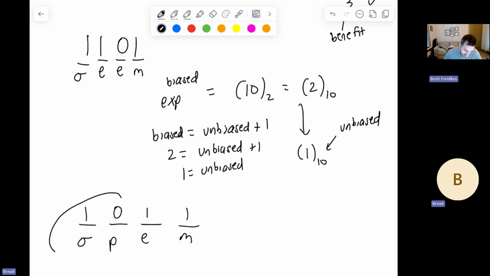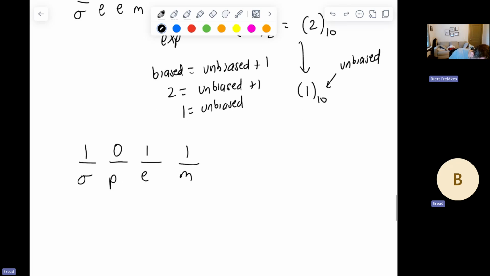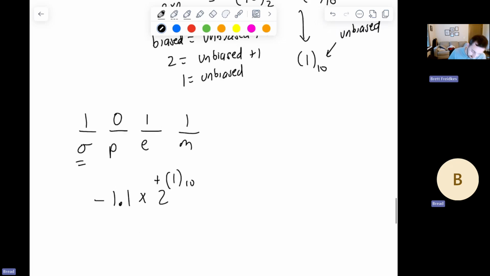If this problem was like the first example and I said to bias it, you would end up getting that 1 because you have to add 1 to the exponent, and then in that case, you would get 2. So how do we convert this back? The sigma tells us that it's negative. We'll get 1 point the mantissa, which is 1 times 2 to the positive, the P, 1 being the exponent.